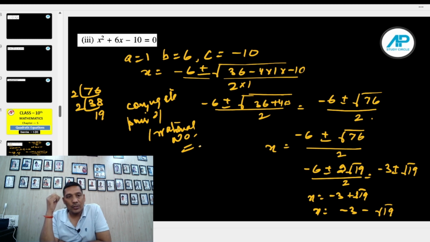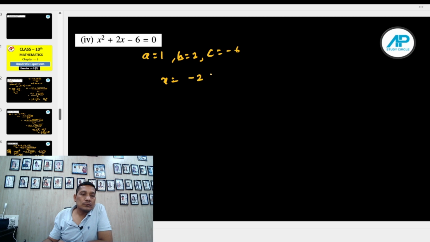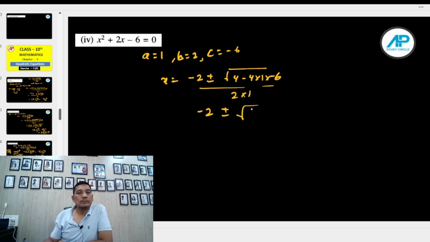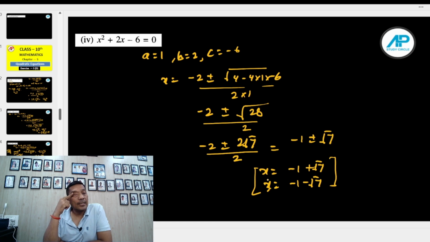That's how the questions are solved for quadratic equations using formula. x equals to minus 1 plus root 7 and x equals to minus 1 minus root 7. Again, the roots are irrational and they are the conjugate pairs of each other.